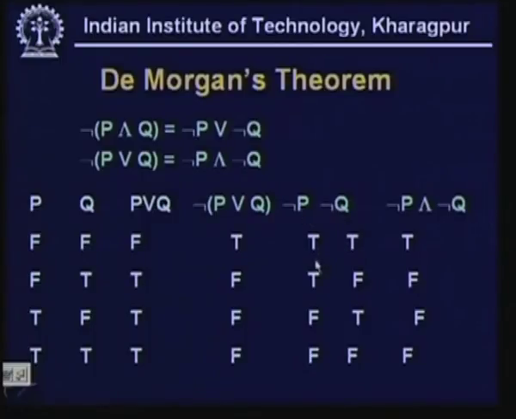So, we get not P and not Q, true, true will become true. So, I am trying to prove De Morgan's theorem. I have found the truth column for this value, now I am trying for this value. As soon as this becomes true, false, false, false, I can compare this column and this column, I can see they are identical, right. Therefore, these two are equal. So, that proves De Morgan's theorem.